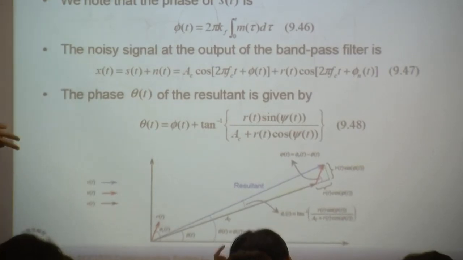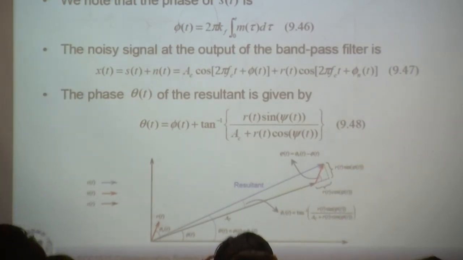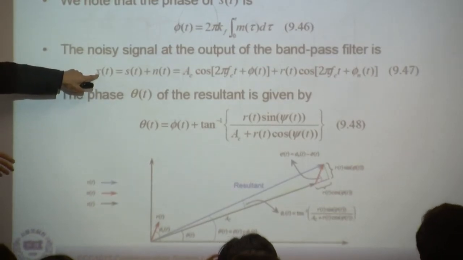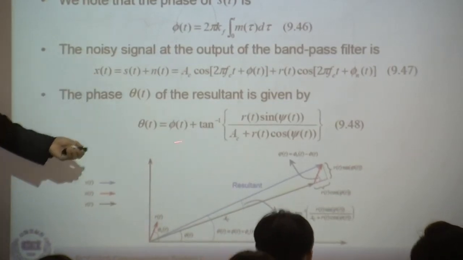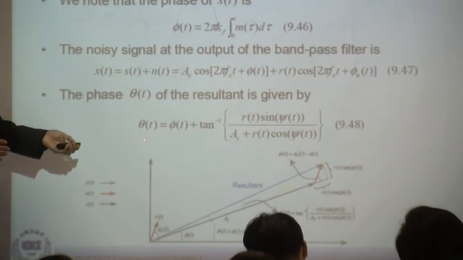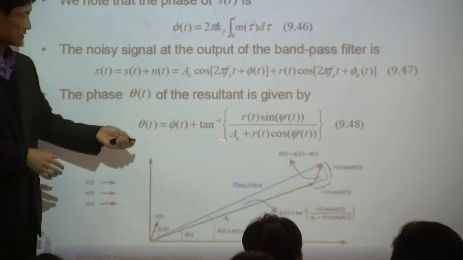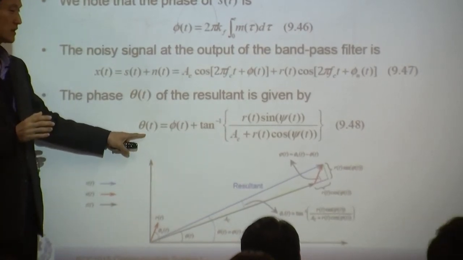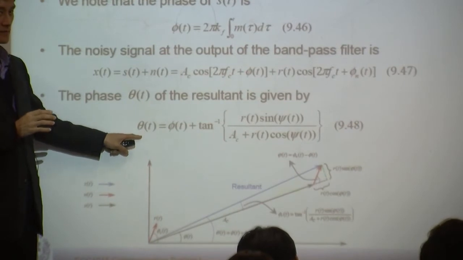Because in FM, what is important is the phase term. So we want to find out the phase of x t, and this is how to calculate it. Eventually, the answer is this one. Theta t is the phase of x t.